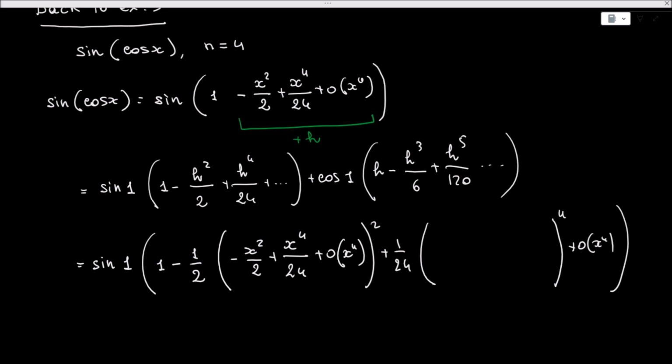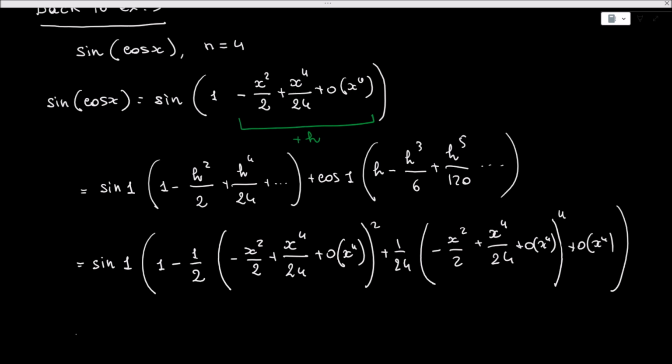Okay, so this is what this h is, again, minus x squared divided by 2 plus x to the 4th divided by 24 plus little o of x to the 4th, right? So this is nothing else than the parentheses that multiply sine of 1.